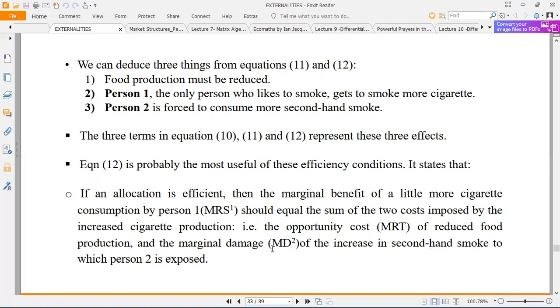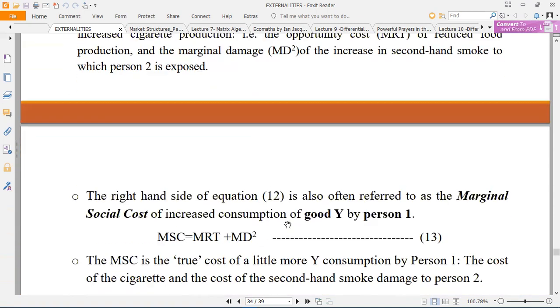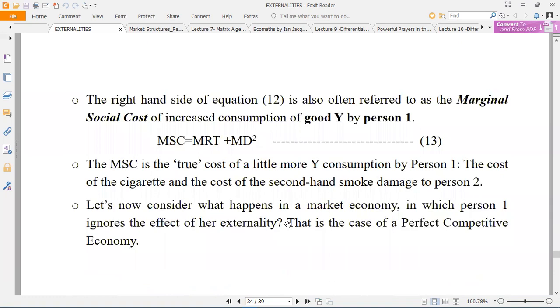So before we can have social efficiency, this efficiency condition must hold. The marginal rate of substitution should be exactly the same as the sum of the marginal rate of transformation and the marginal damage caused by the consumption of the harmful commodity. So that is the general analysis for social equilibrium. Now, if you take the right hand side for social welfare, there's a sum of what?